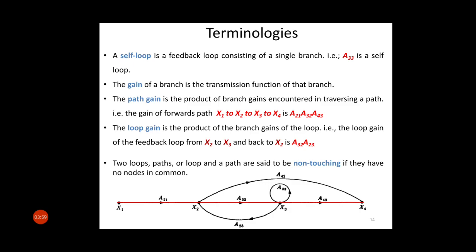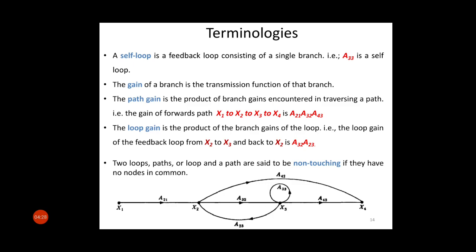So the path gain is A21, A32 and A43. Our second forward path, which is not indicated in this slide, is x1 to x2 to x4. So the path gain of the second forward path is A21 into A42.